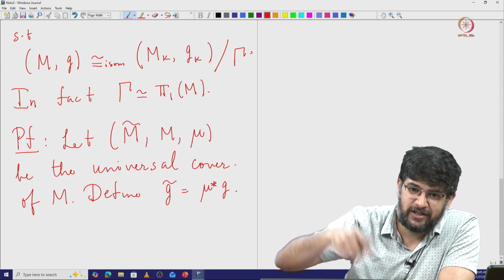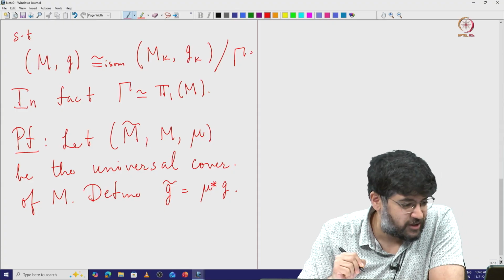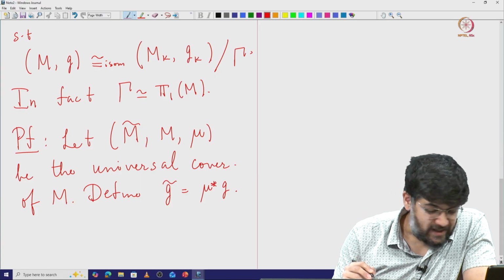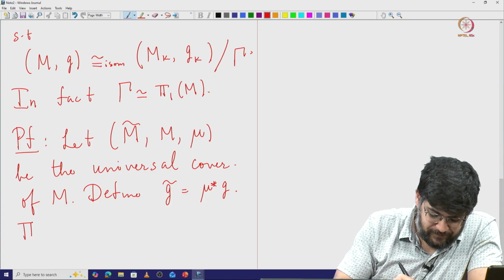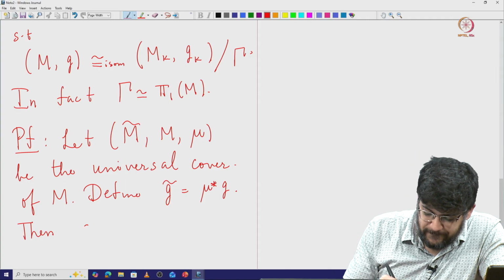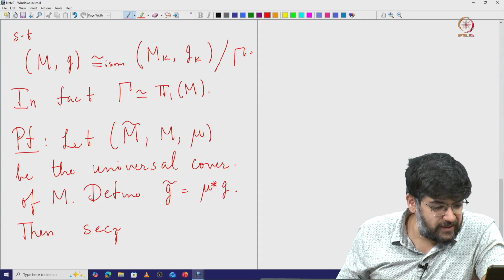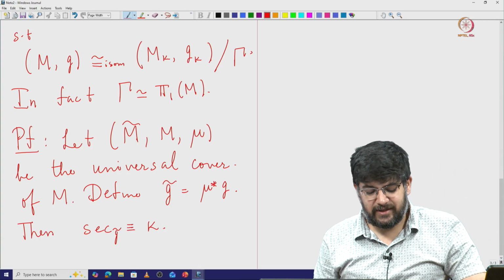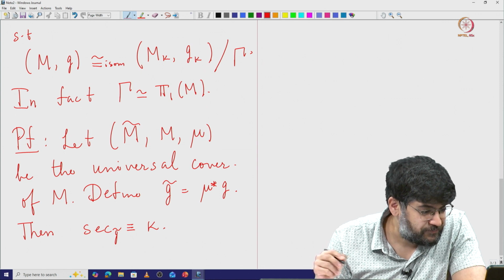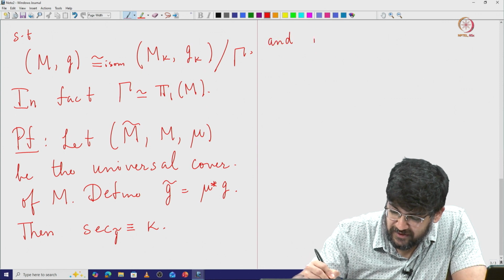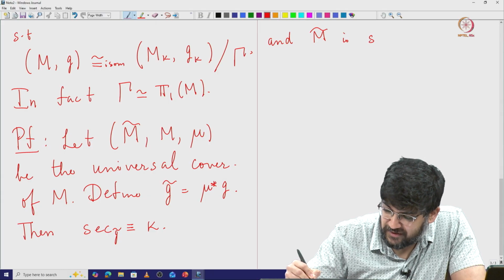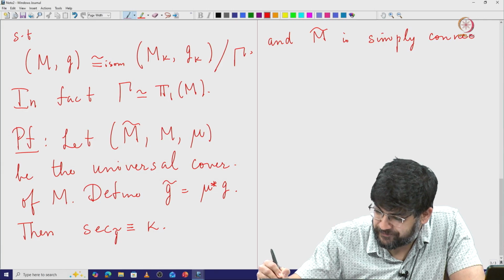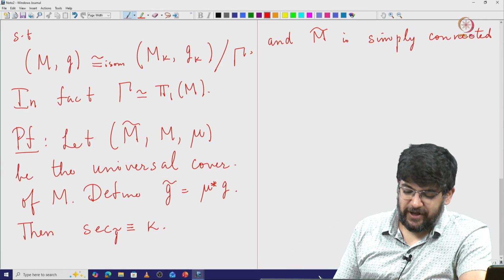So you can pull back the metric on M to define a Riemannian metric on M tilde, and then the sectional curvature is identically kappa, and M tilde is simply connected.